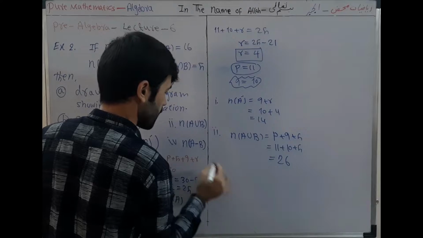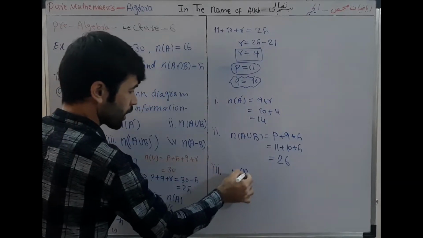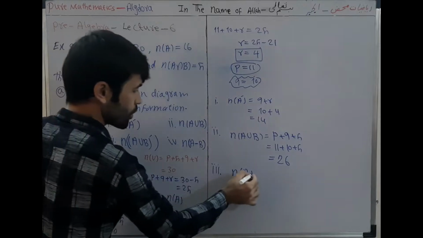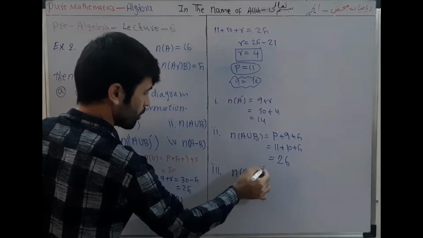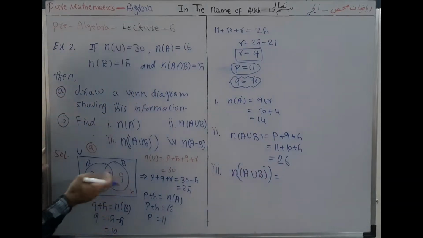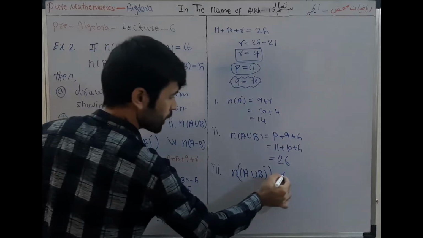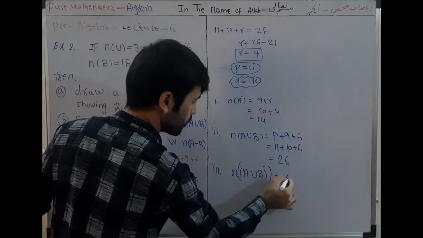Number 3, n of A union B complement. The complement of A union B is equal to R. R is equal to 4.